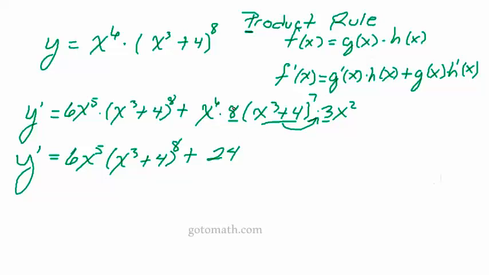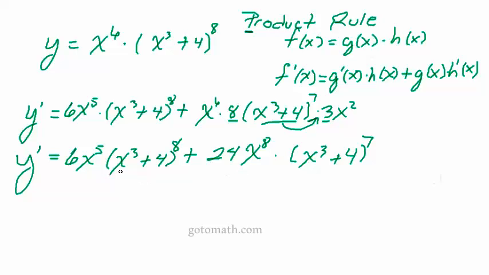And then we have x to the 6th and x squared. So we add exponents, 6, 7, 8. Right, add their exponents. And then what else is left? Oh, we just rewrite that part. X cubed plus 4 raised to the 7th power.